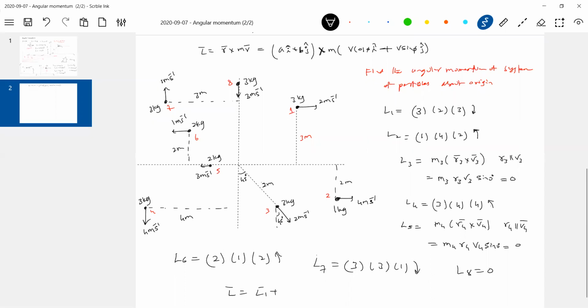L bar equals L1 bar plus L2 bar. Substitute all. The clockwise should be taken as minus k cap, and all anti-clockwise ones get plus k cap.